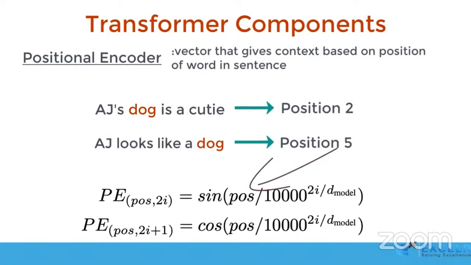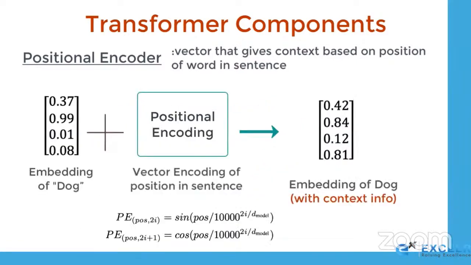You can use any kind of positional encoder. It's basically a sine or a cosine transform, given the data. So what I'm going to do is take the embedding of the word dog and add this positional encoder to it. The word-to-vector value which I'm getting will be added to this positional encoder, and you will get a number which is also a vector.